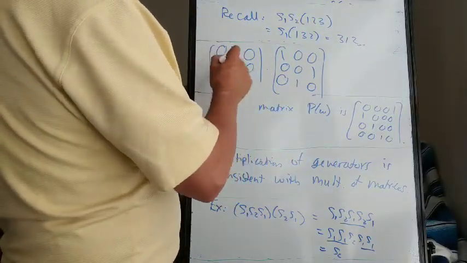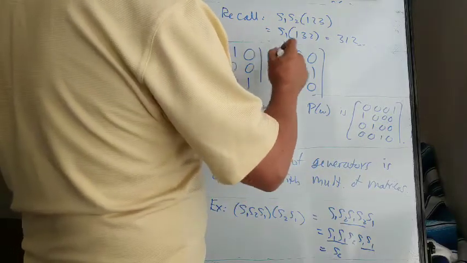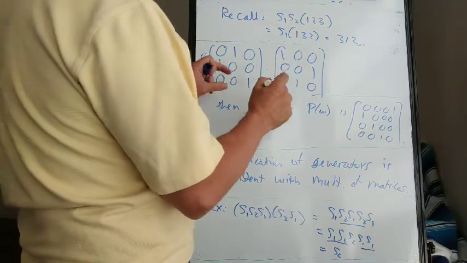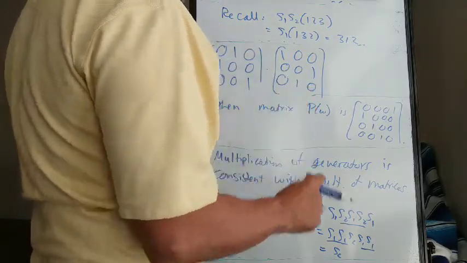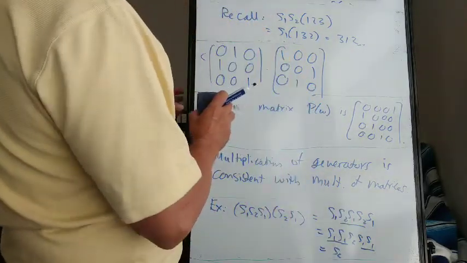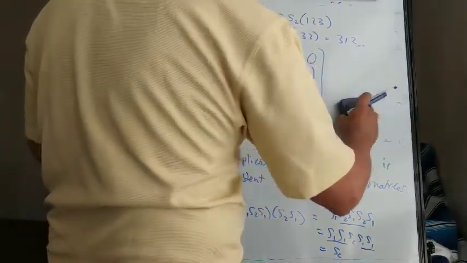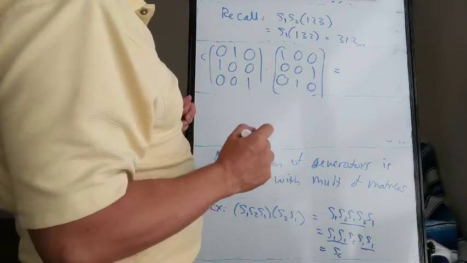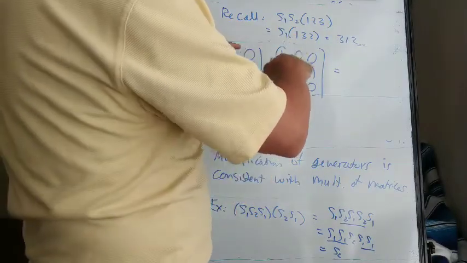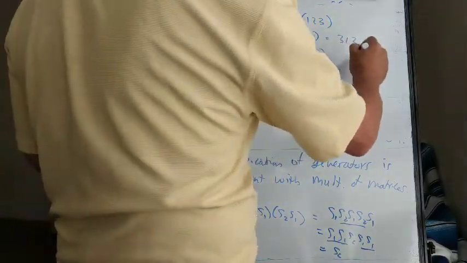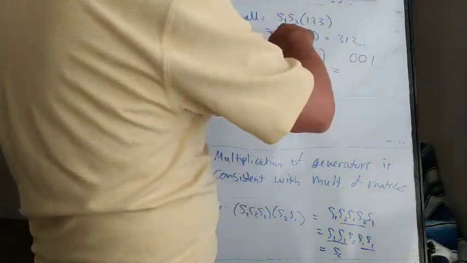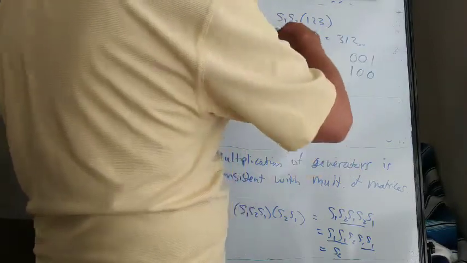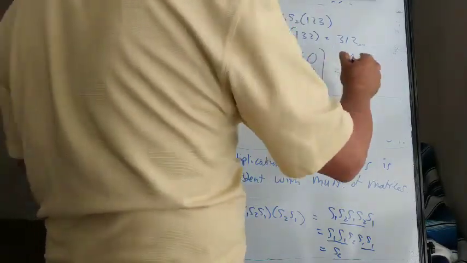So 2, 1, 3 and 1, 3, 2, because S1 swaps the things it sees in positions 1 and 2, and S2 swaps the things that it sees in positions 2 and 3. Then if we multiply, we get 0, 0, 1, 1, 0, 0, 0, 1, 0.